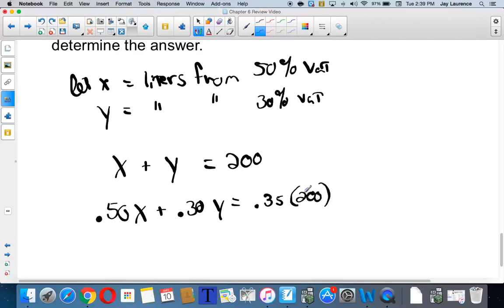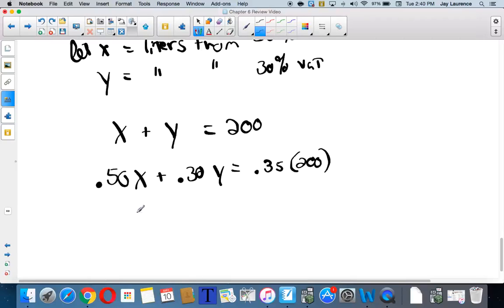So this is going to give me the actual liters that are acidic from each vat. Okay, obviously vat A is a stronger acid. So I think I'm going to simplify that. Let me see here. 10% of 200 is 20. So 30% is 60. 5%, I think this comes out to be 65.